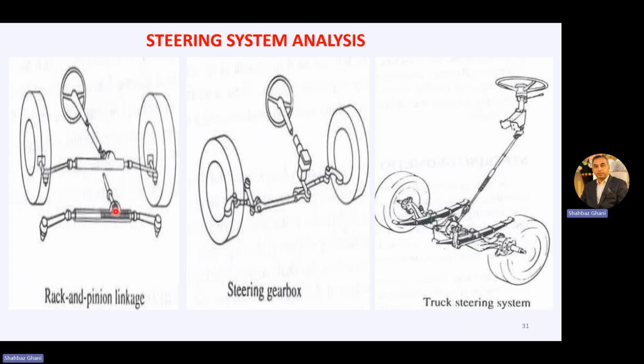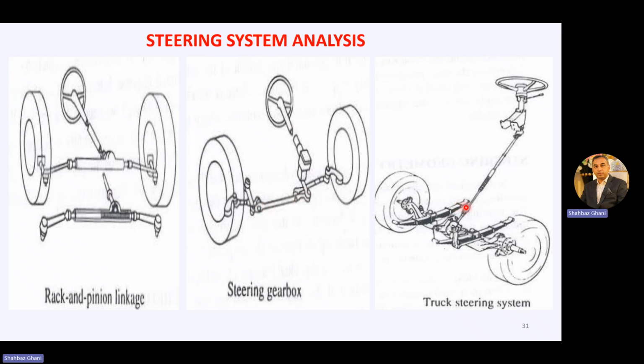We have a rack and pinion in which we have a steering wheel here, steering column, and it is coming to the rack and pinion. And this is your rack and pinion. And then from here, linkages, it goes to your wheel. In the second figure, we have a steering gearbox in which we have a steering wheel, steering column, and that steering column is coming towards the steering gearbox in which we have a gear arrangement, and from that gearbox it is going to the linkages.